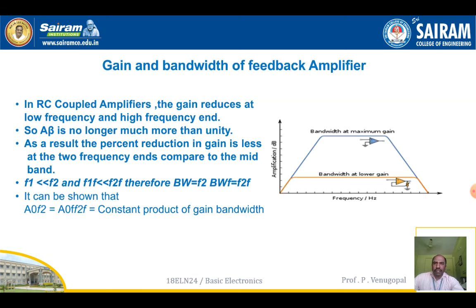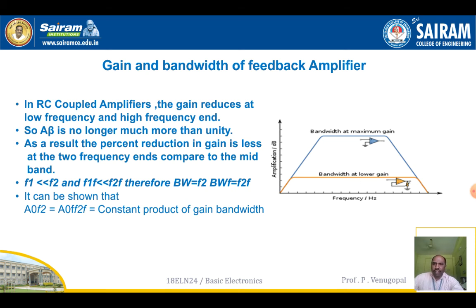Gain and bandwidth of the feedback amplifier. Dear students, you are observing the characteristics of frequency versus the amplification in decibels. In case of an RC coupled amplifier, gain reduces at low frequency as well as high frequency ends. So A beta is no longer much more than unity. As a result, the percentage reduction in the gain is less at the two frequency ends compared to the mid frequency band.